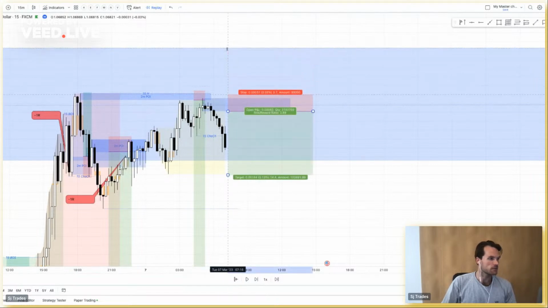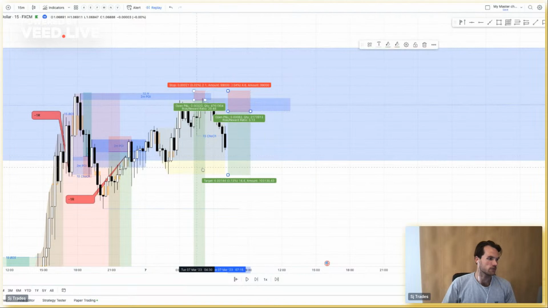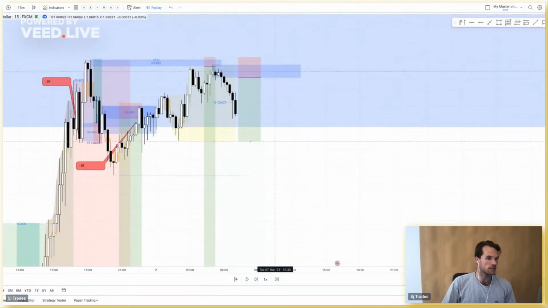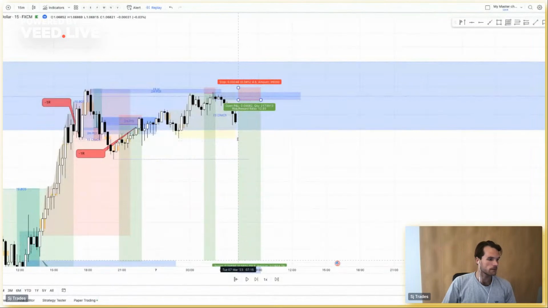So I pretty much keep my stop loss right where this one's. And I wouldn't be taking this if I was already in this, because it's pretty much the same target. That's just because I know the London loves to sweep Asian liquidity.